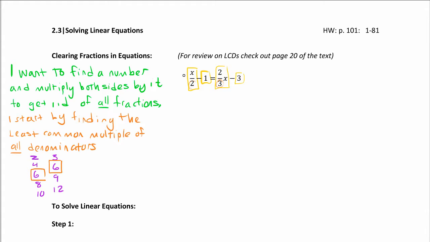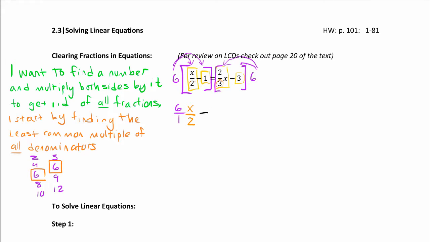So here, this whole side, I'm going to multiply by 6. This whole side, I'm going to multiply by 6. And now that's going to distribute to all of those terms. So here's what happens. I end up with 6 times x over 2. Because I'm multiplying by a fraction, I'm going to think about that as 6 over 1, and that is getting multiplied by x over 2, minus 6.